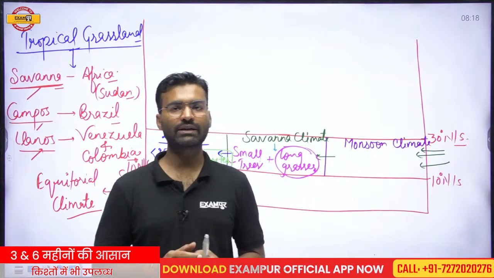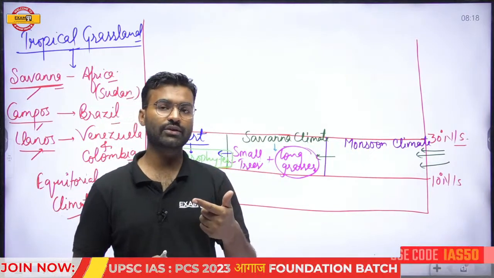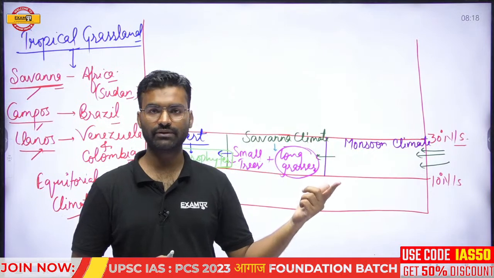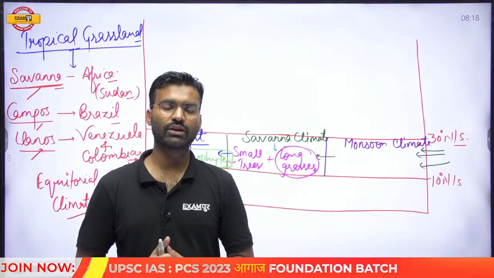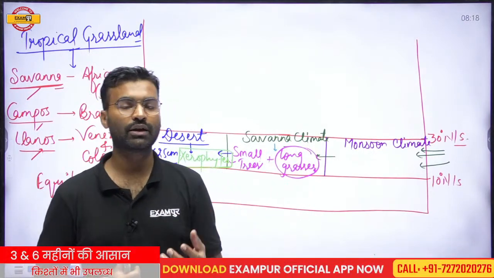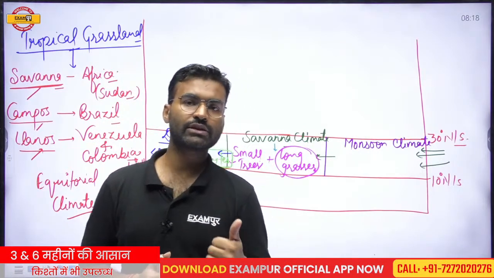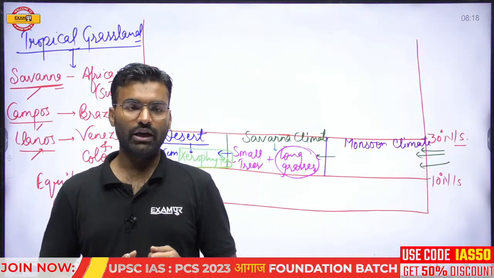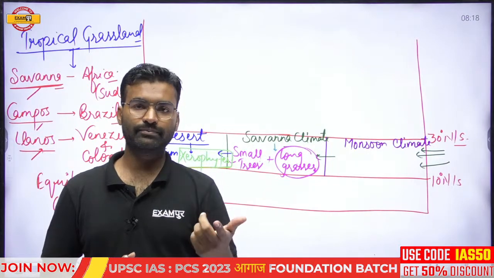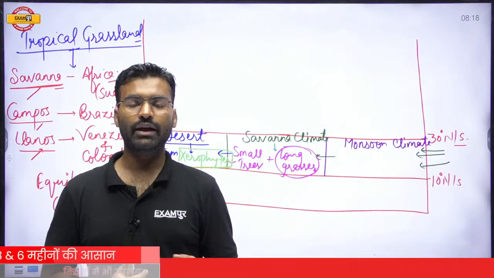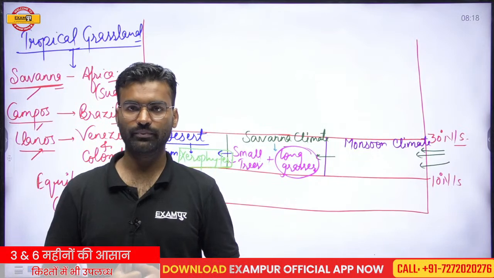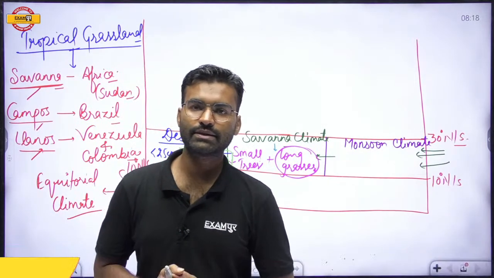The correct definition of a desert is any geographical region where the biological productivity is very low. That particular region is called a desert. Like Antarctica is the largest desert of the world. Sahara is not the largest desert.